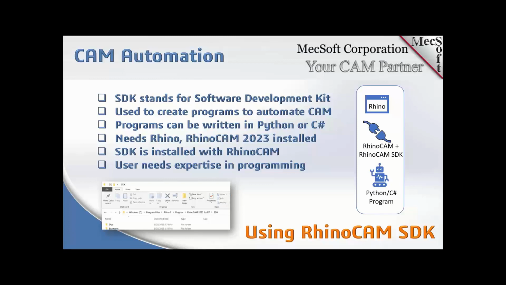And we offer 2 kinds of programming interfaces. One is Python, which, for those of you who don't know, is a very popular and easy to learn language these days, and I think in the Rhino world it's used a lot in many different areas, so we chose to use Python as one interface.